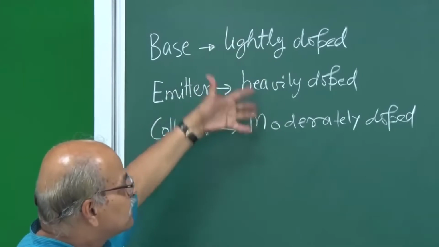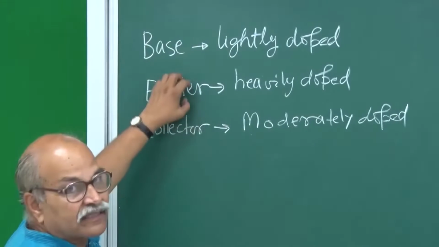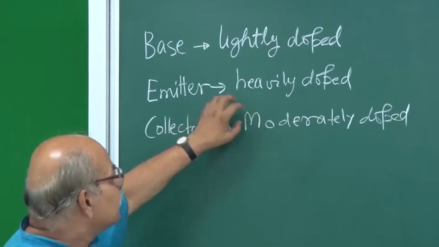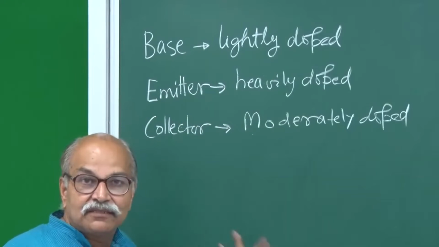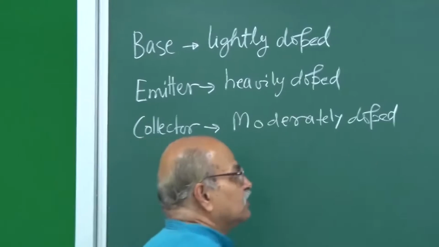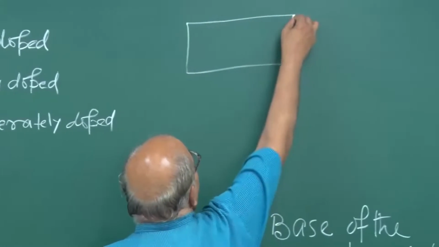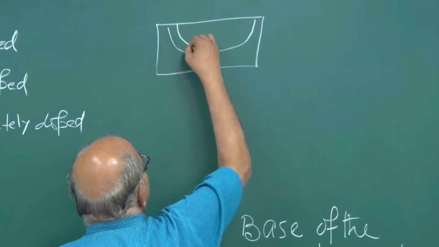Therefore, you cannot interchange emitter and collector, because their doping levels are different, although on a diagram it may look like both are the same.